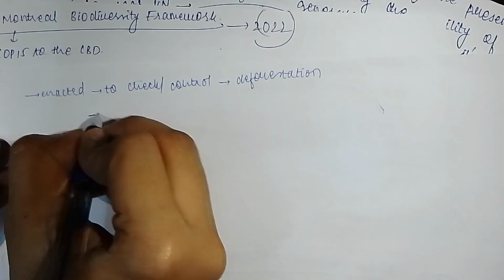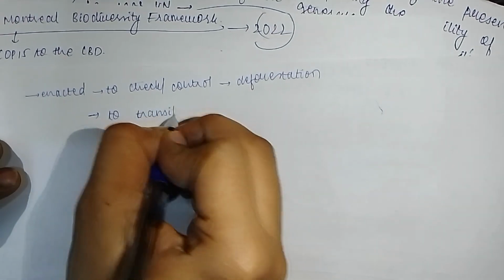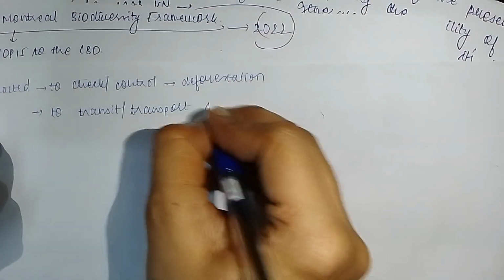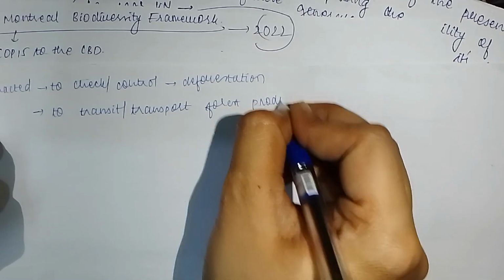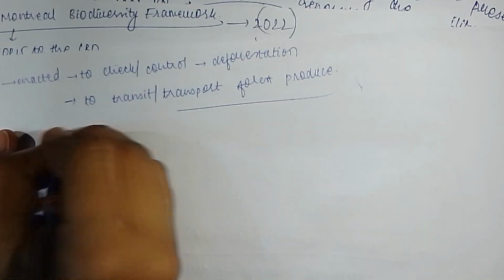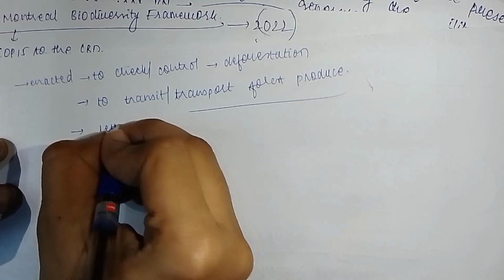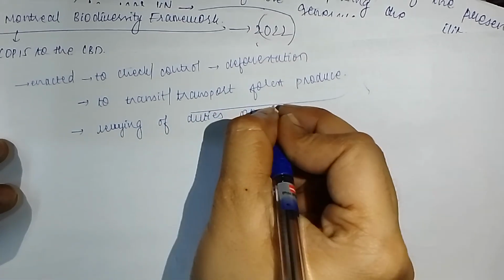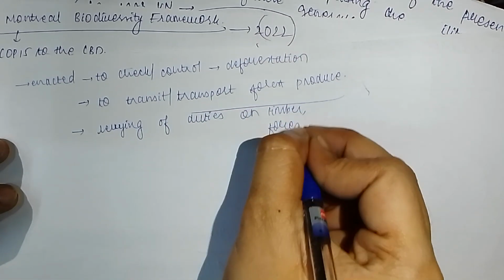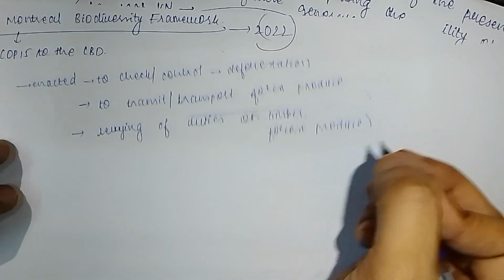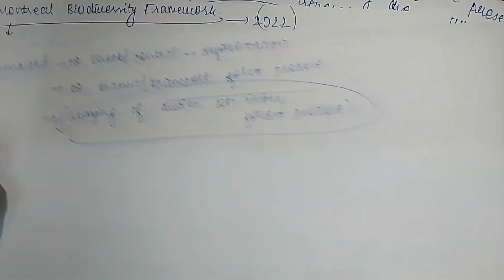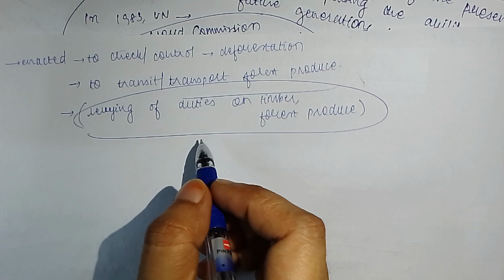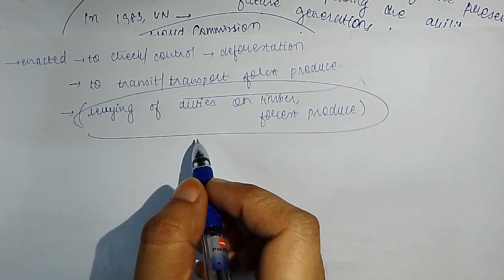Okay, and also to control transit or transport of forest produce, and also it controls levying of duties on timber and forest produce.